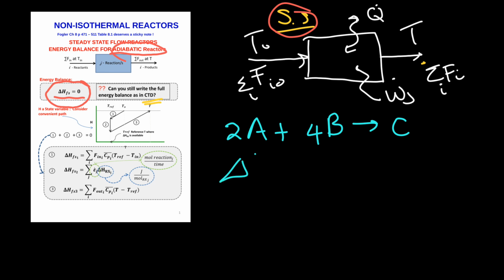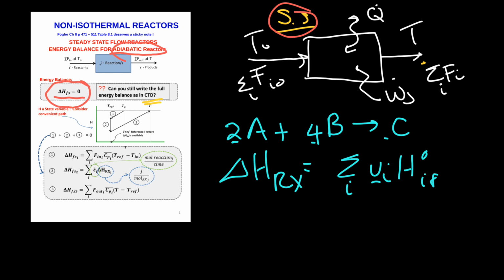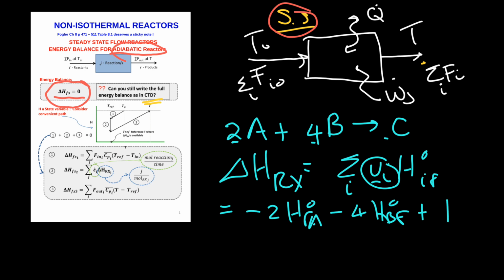For the change in enthalpy due to the reaction, of course, we are going to use Hess's law, where we use the stoichiometric number of each of my reacting and forming species in the system, multiplied by their standard state heats of formation. So remember the sign over there, so this will be equal to minus 2 times H of formation of A, minus 4 H of formation of B, plus H of formation of C.